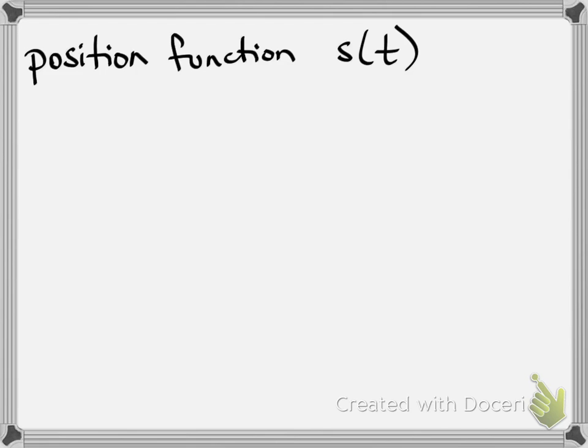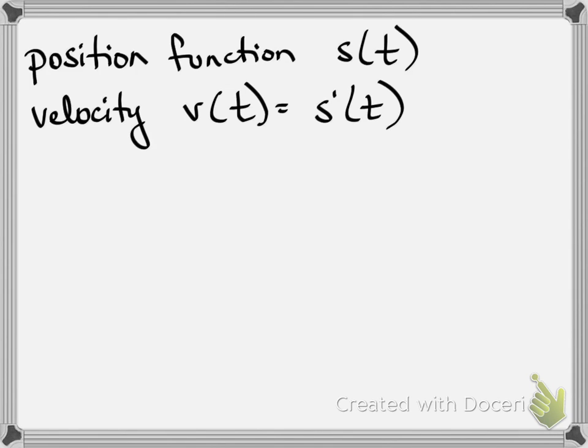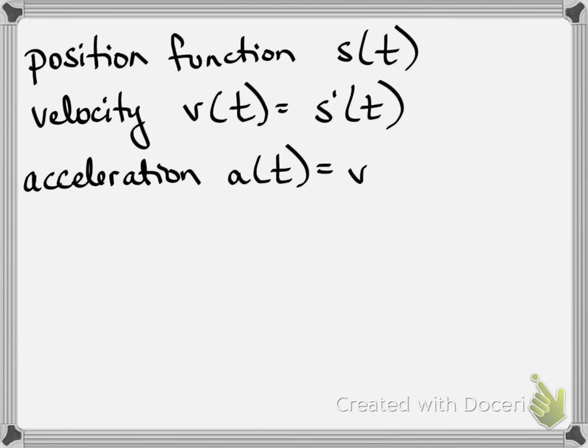We learned that the velocity function, which is v of t, was actually equal to the derivative of position. Well, it turns out that acceleration, which is a of t, is the first derivative of velocity, and it is the second derivative of position.